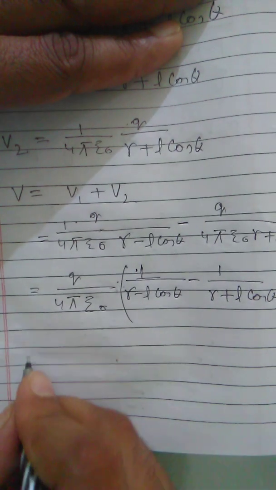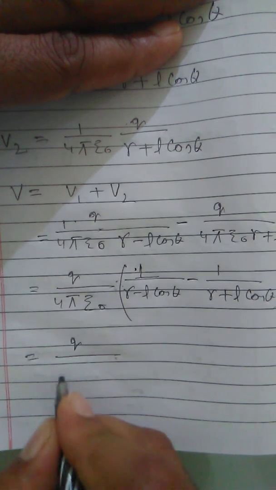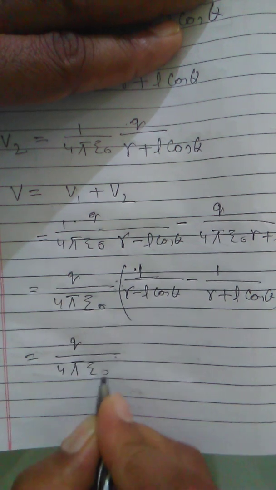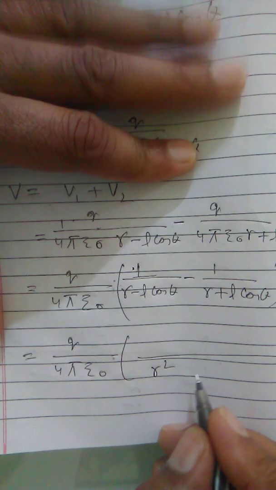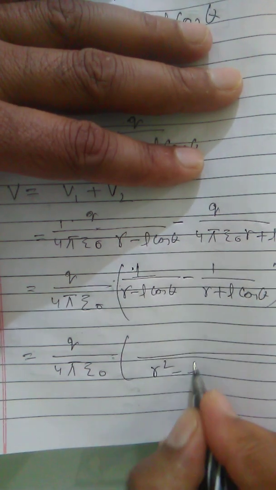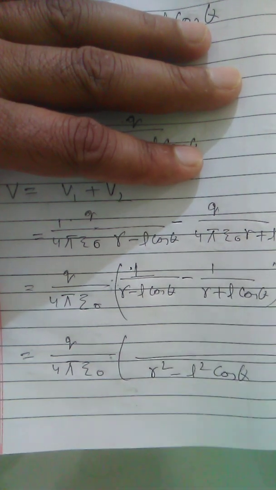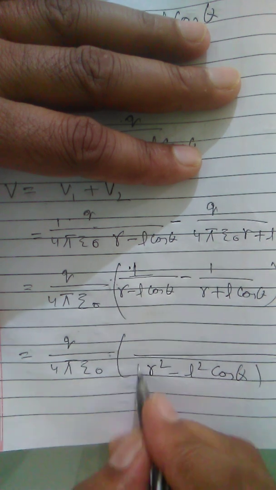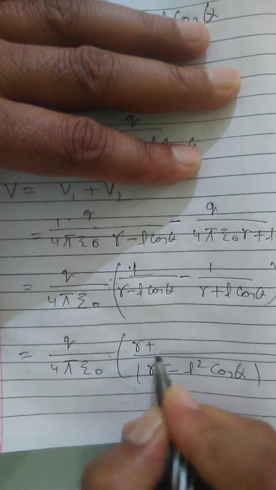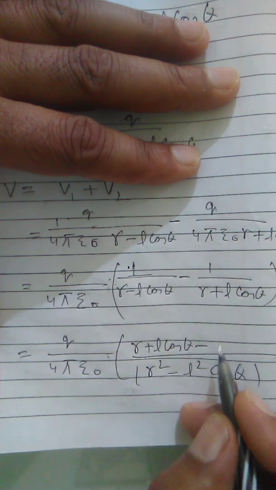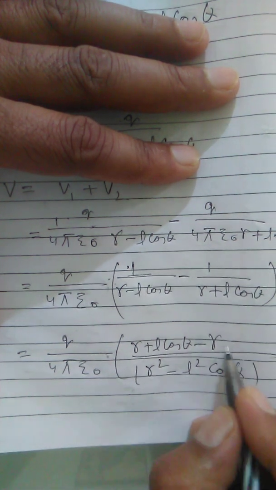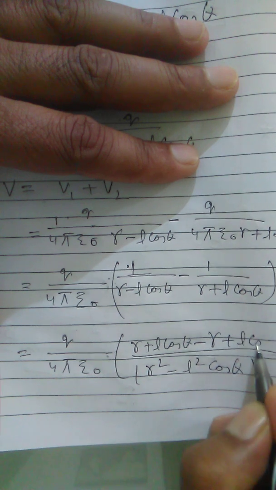So q upon 4 pi epsilon 0, your LCM will be r square minus L square cos square theta, and we get here r plus L cos theta minus r plus L cos theta.